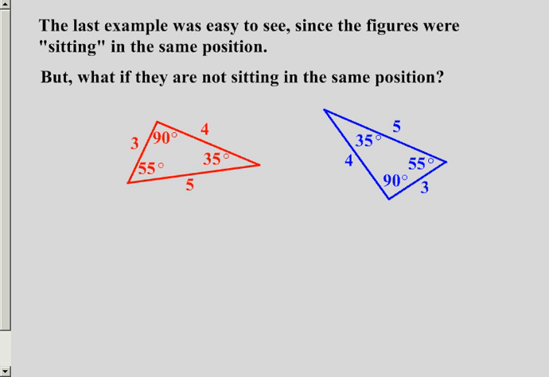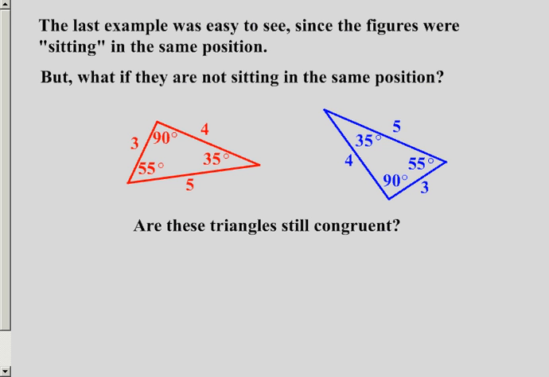Now, I'm not doing anything tricky to you. If we were to run into it on an assignment or a quiz or a test, it's more likely to look like this than it was that first diagram. But the question would be, are these triangles still congruent now that one is not positioned the same as the other?